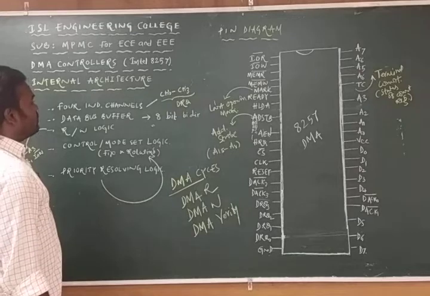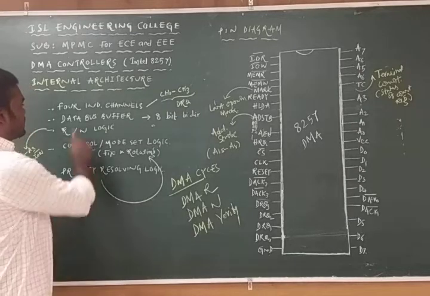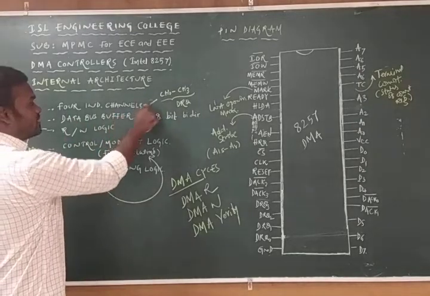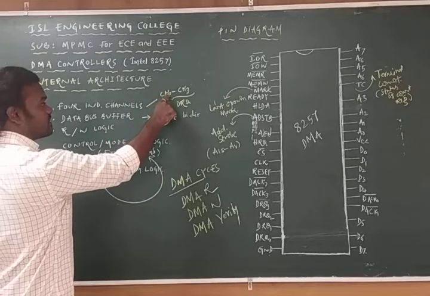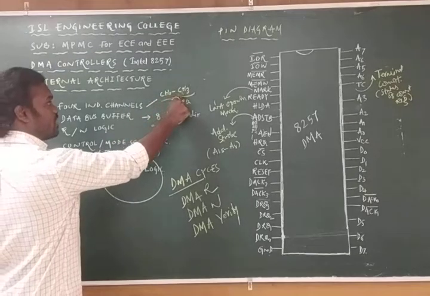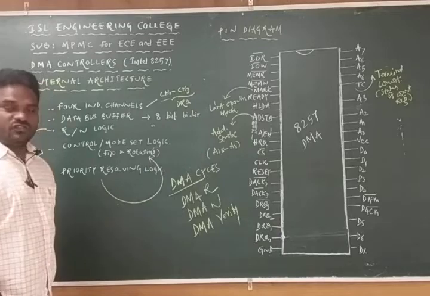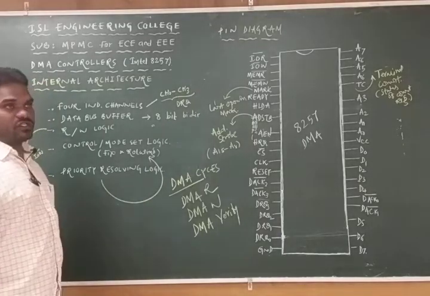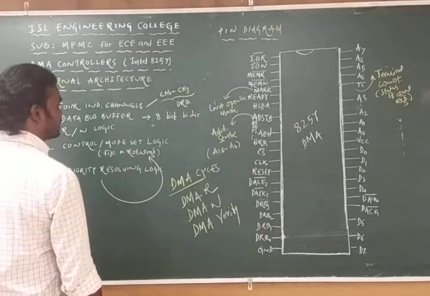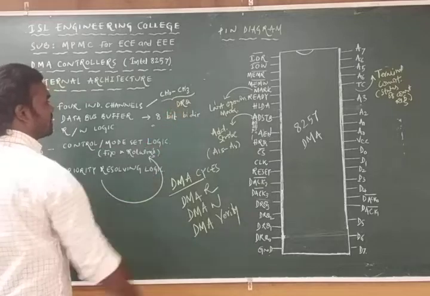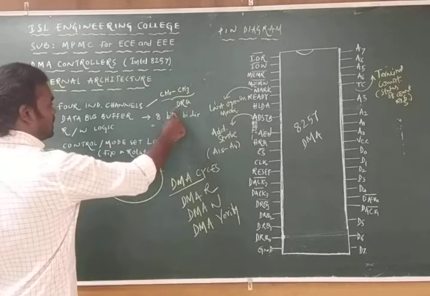The Intel 8257 DMA controller has these 4 channels, and they can be interfaced with the 4 input-output devices by making use of 4 pins in the integrated circuit.